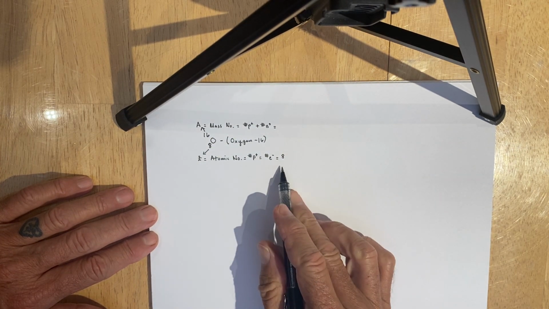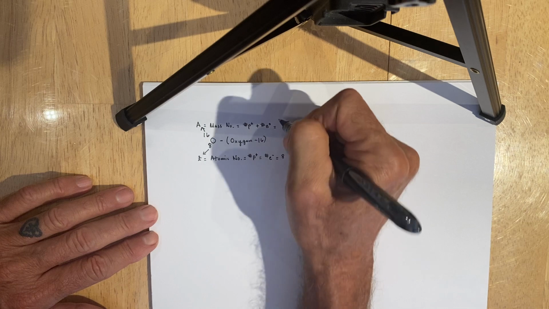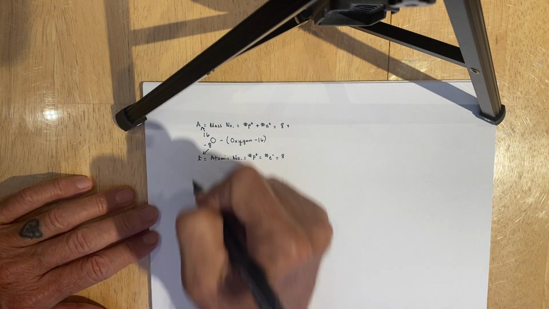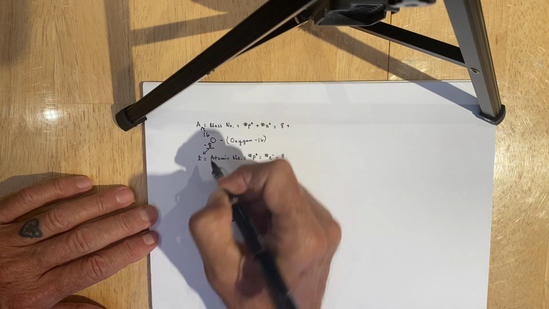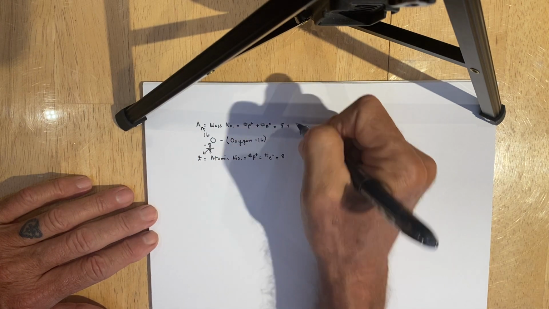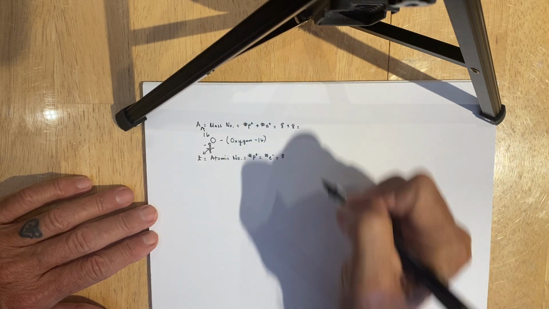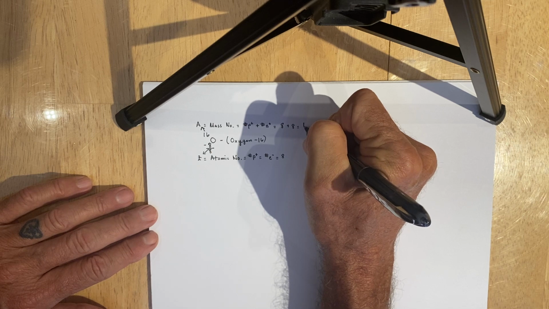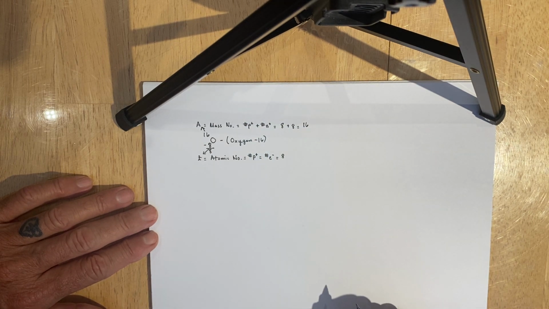In this case, we've already established that the number of protons is 8, and the number of neutrons can be determined by subtracting the atomic number from the mass number. In this case, that difference is 8. So we can predict that we have 8 neutrons as well. So 8 and 8 gives a sum of 16, which is the mass number of oxygen.